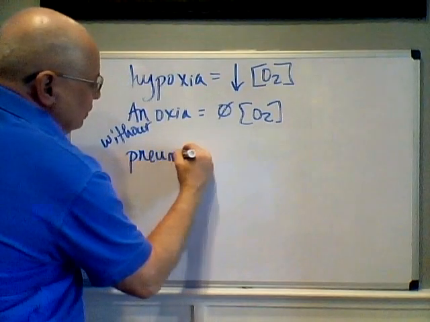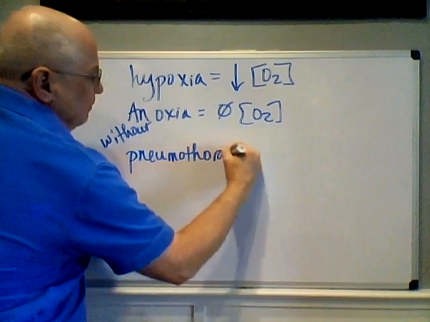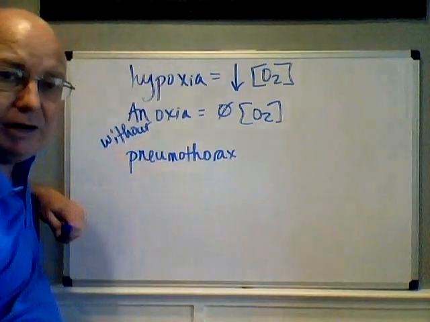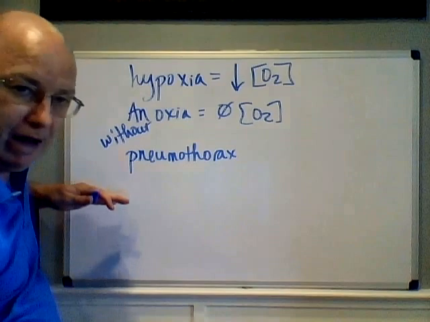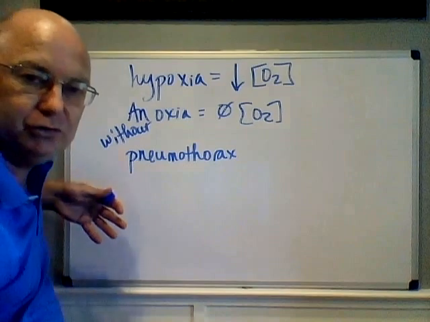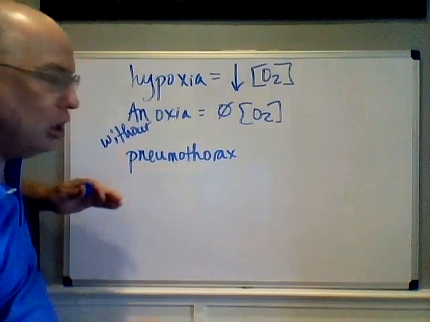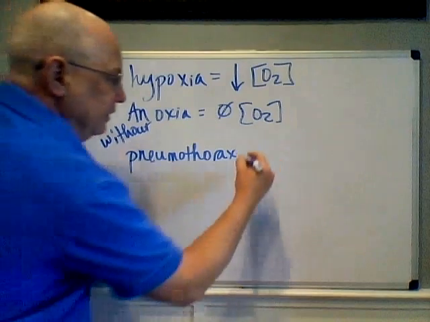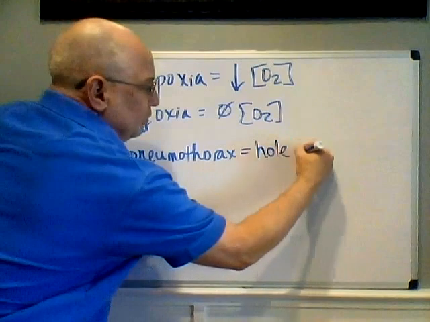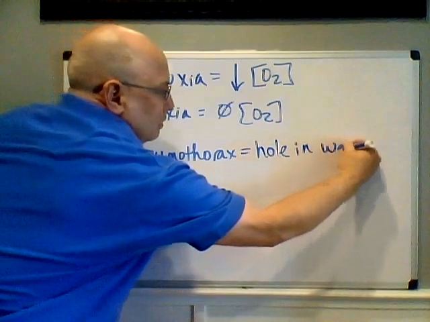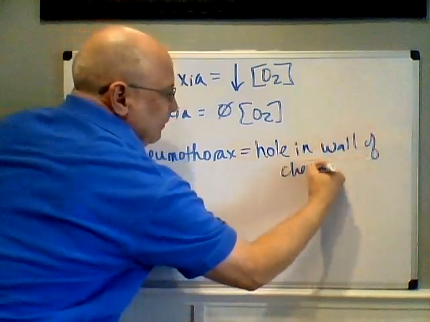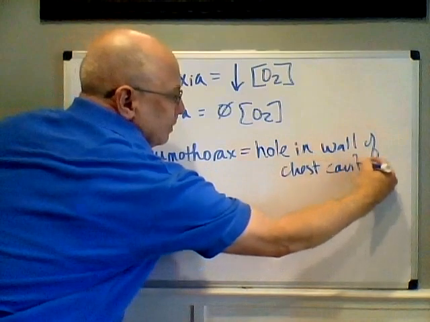Now listen, the next two definitions I'm going to give you are really pretty technical. And a lot of people are going to tell me I'm wrong, but I'm not. But it's been taught a certain way for so long that I think people confuse these two terms. A pneumothorax itself is nothing more than a hole in the wall of the chest cavity or the thoracic cavity.